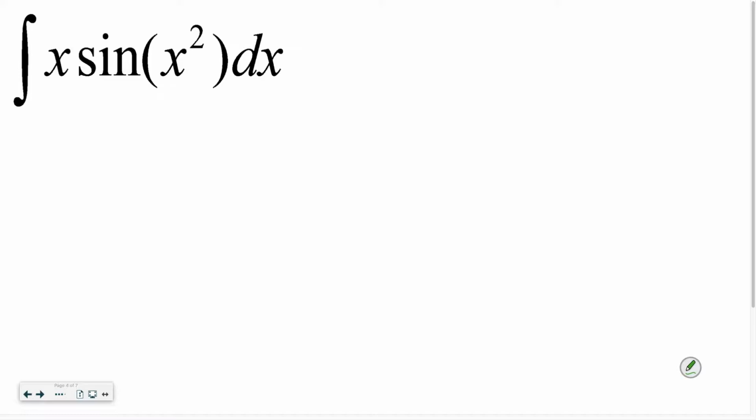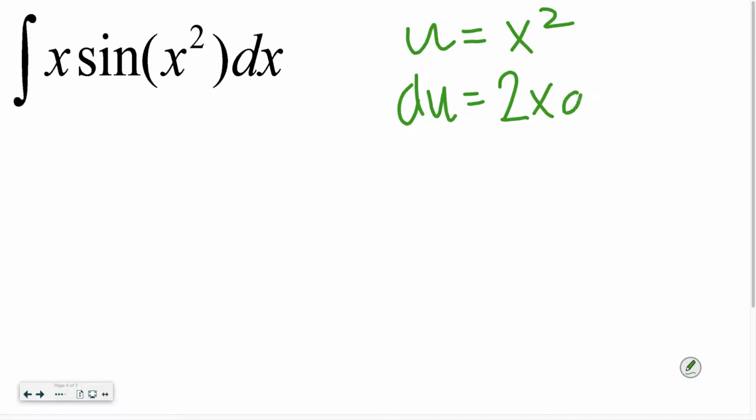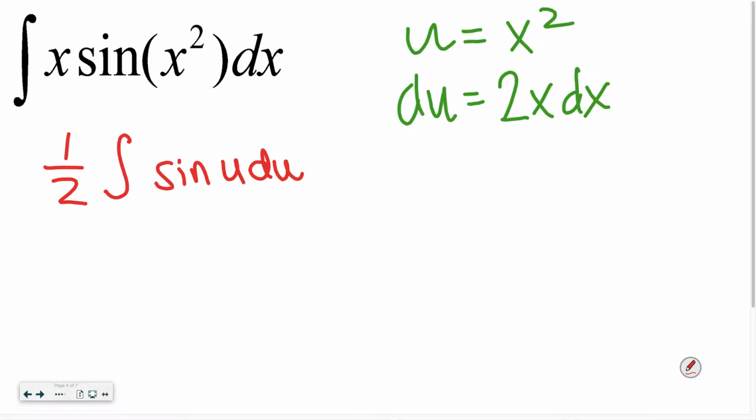Autumn, what do we do? Well, I set x squared equal to u. U equals x squared? So then du would be 2x, yeah, but then we want that 2, so I had 1/2, and then I had sine of u, and then du. All right, this was Autumn's method.